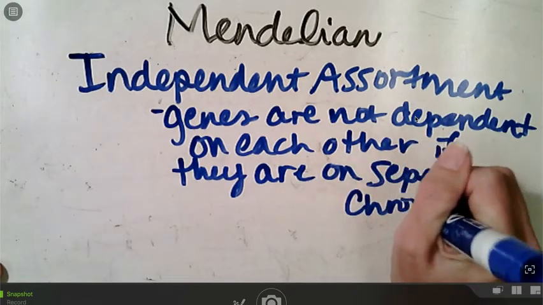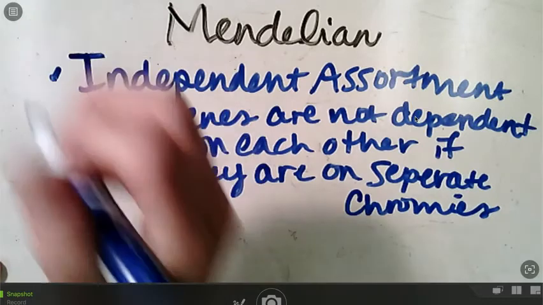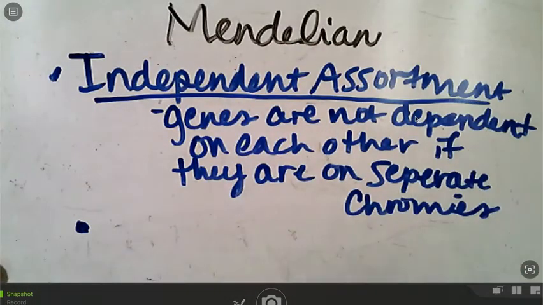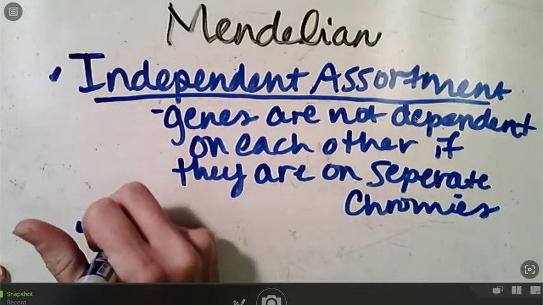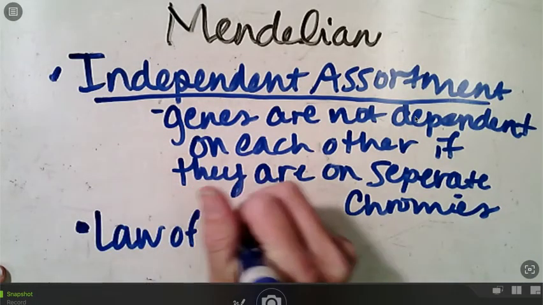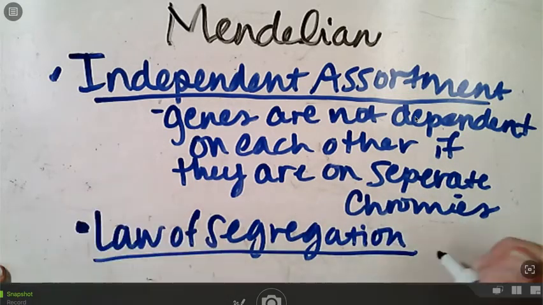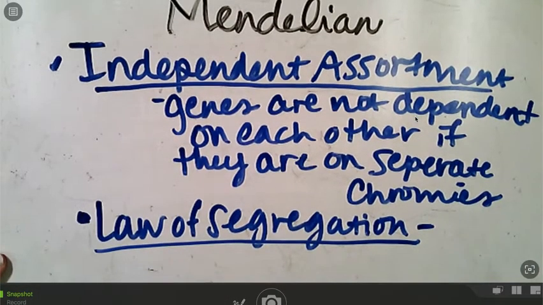Separate chromosomes. Okay. So that's one of Mendel's laws, independent assortment. And the other one is the law of segregation, which is a weird one. It's kind of hard to explain. Basically, this one is that every organism will get one of each thing. It'll be segregated to the organisms.